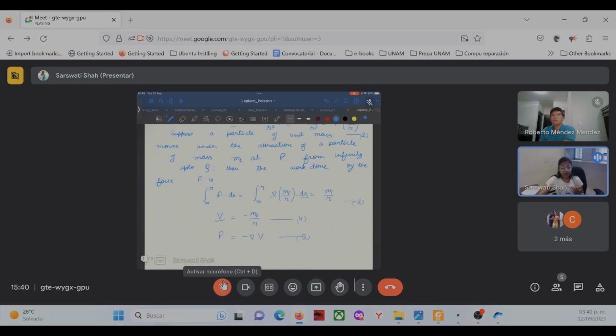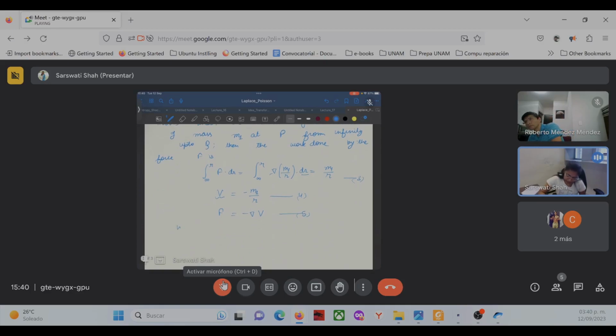If we are considering there are n particles, suppose we are considering a system of n particles of masses M1, M2, ..., Mn, which are at distances R1, R2, ..., Rn respectively, then the force of attraction per unit mass at Q due to the system will be the summation of all the particles.